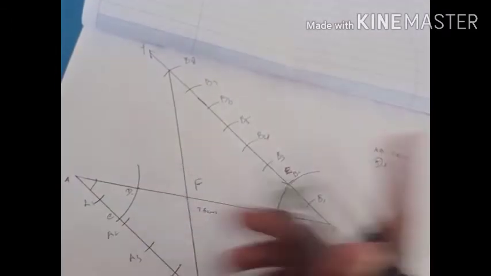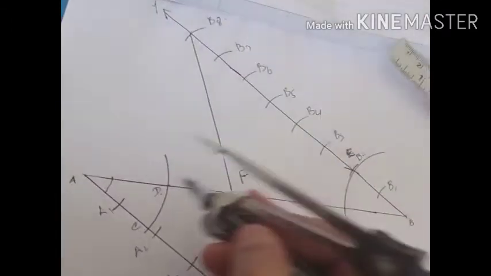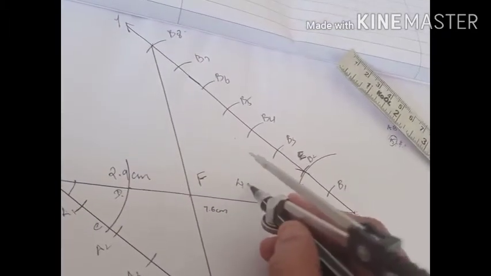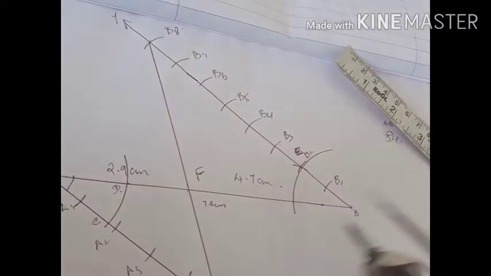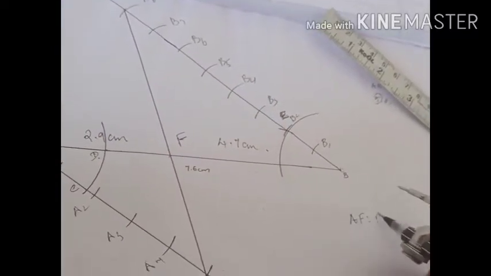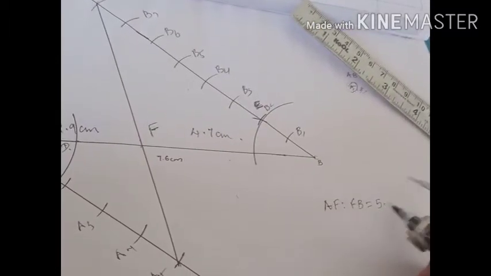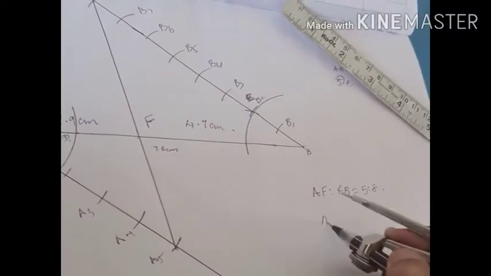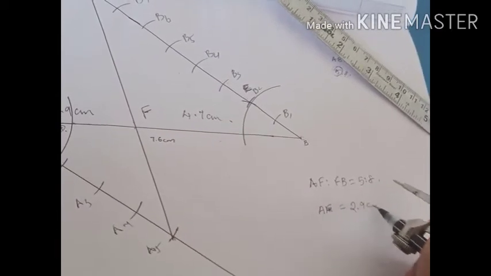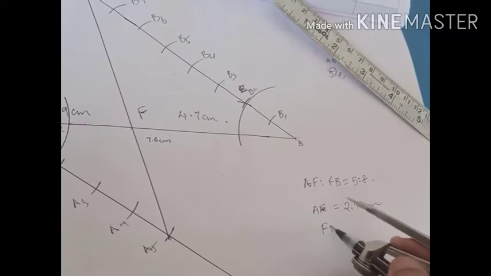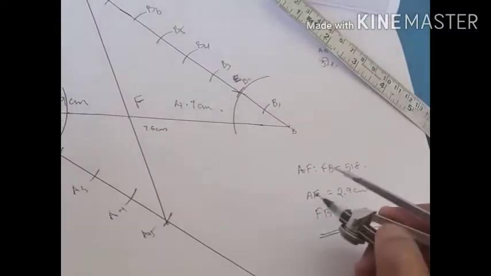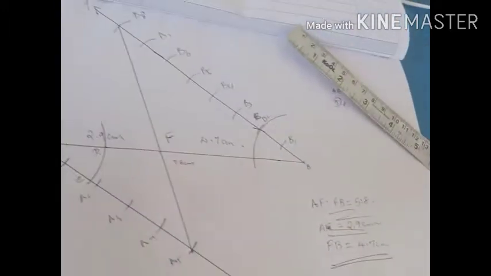We get that measure using the ruler: 2.9 centimeter and 4.7 centimeter. So we can write AF is to FB equal 5 is to 8, and AF equal 2.9 centimeter and FB equal 4.7 centimeter. Then I will explain this method once more.